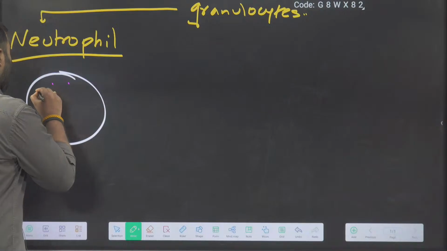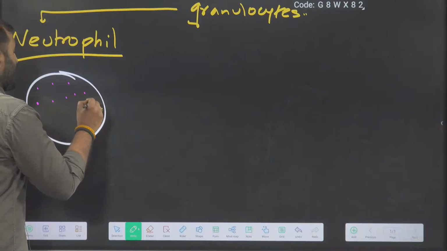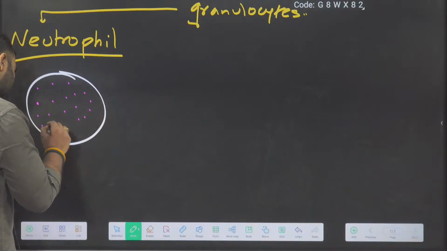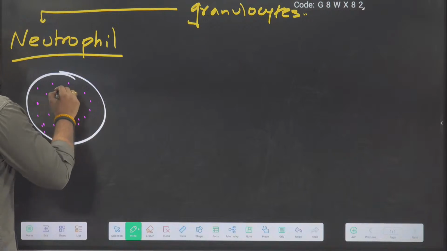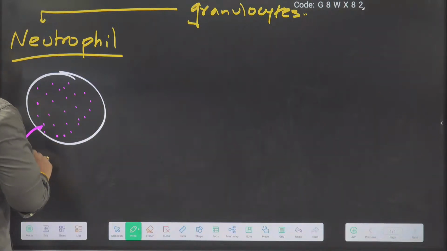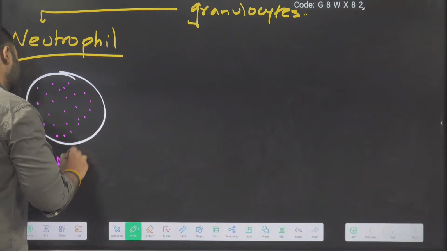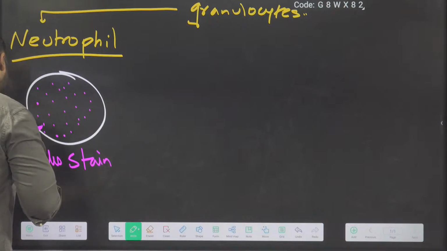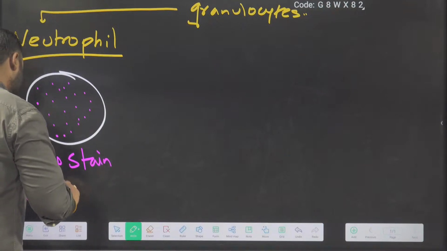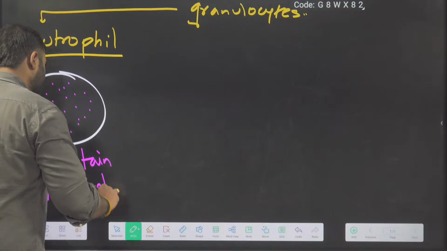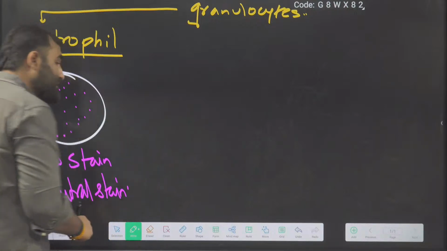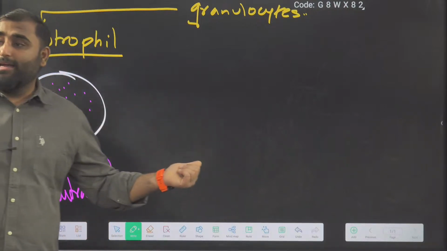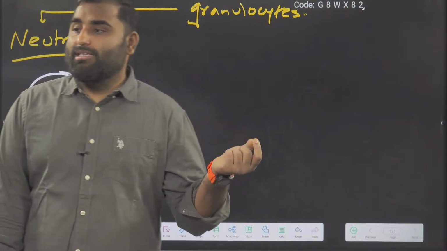In the cytoplasm, they will have these granules, and these granules stain with a neutral stain. There are three types of stain: neutral stain, acidic stain, basic stain. Here the granules are getting stained by neutral stain.